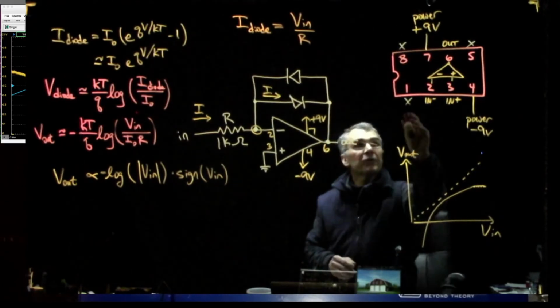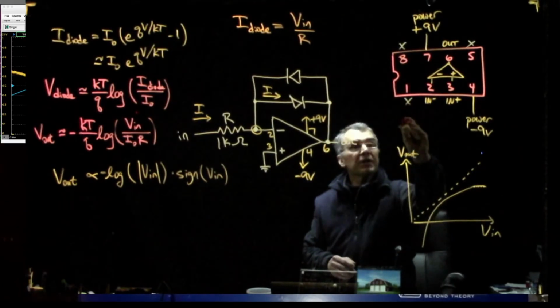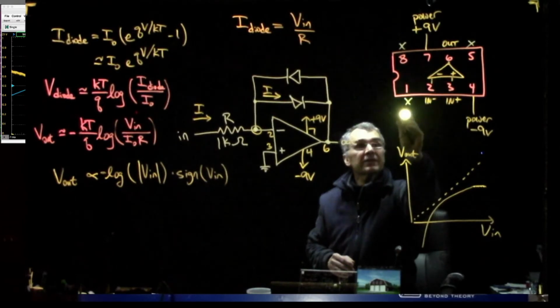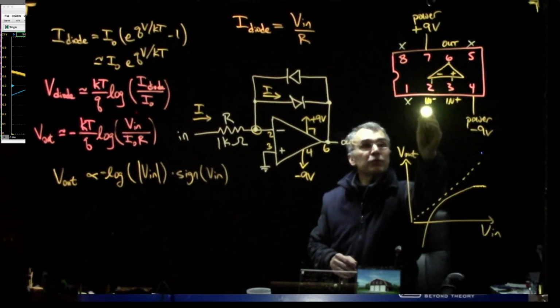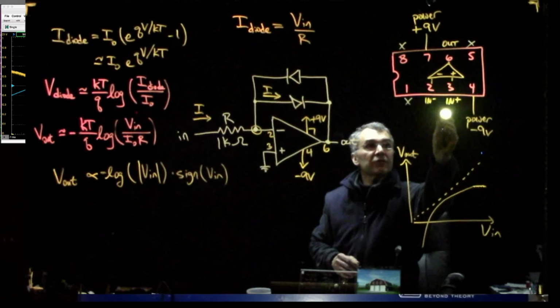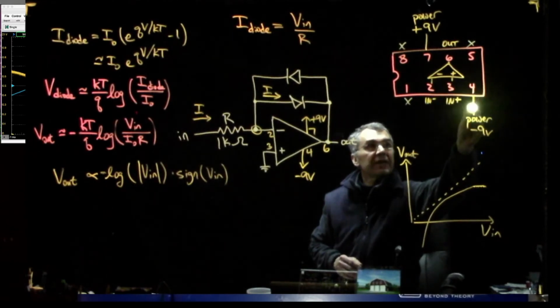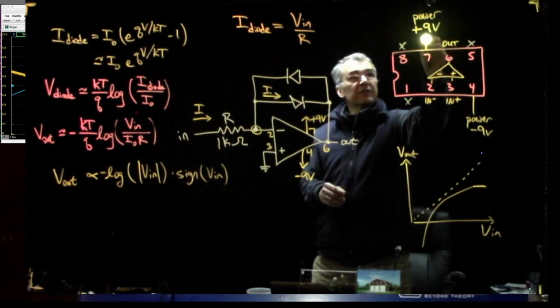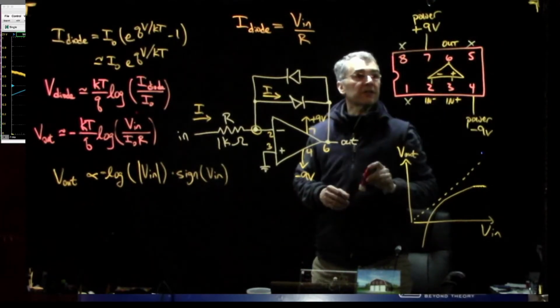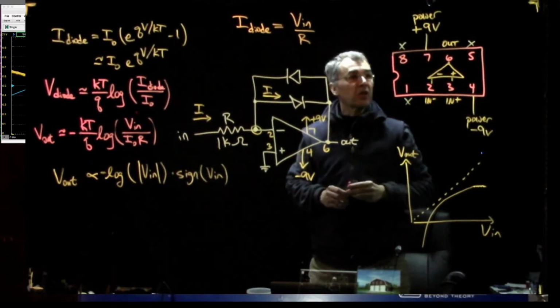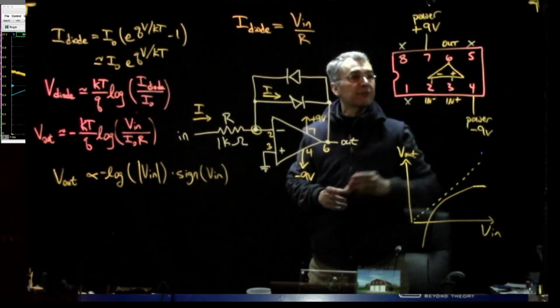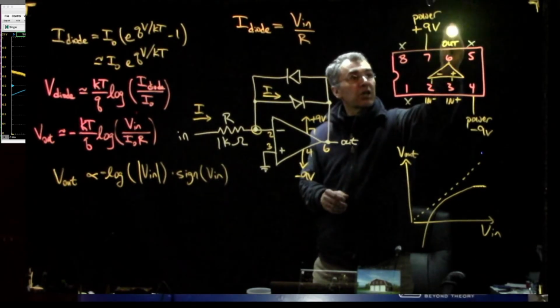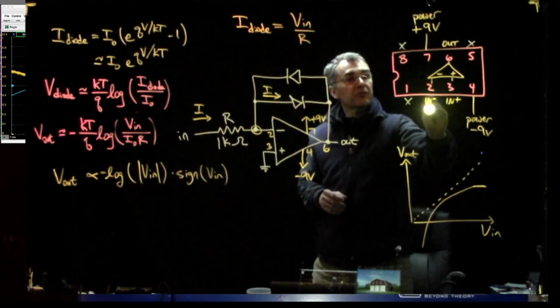So again, going around the op-amp, pin 1 is not connected, pin 2 is the inverting input, pin 3 is the non-inverting input, pin 4 is negative power, pin 5 is not connected, pin 6 is our output, pin 7 is our positive power, and pin 8 is not connected. We should be accustomed to always seeing some kind of negative feedback connected from the op-amp output, pin 6, back to pin 2.